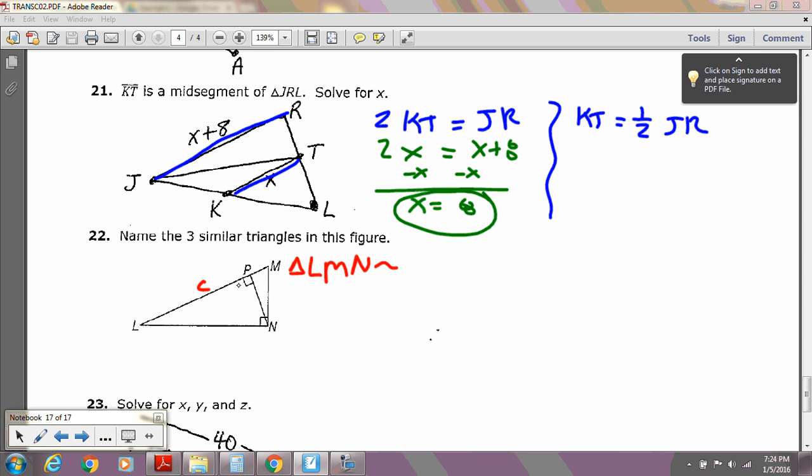You probably want to label the hypotenuse as C. So I went down the long leg to the right angle to the short leg. So keep that in mind when it comes to the other similar triangles.